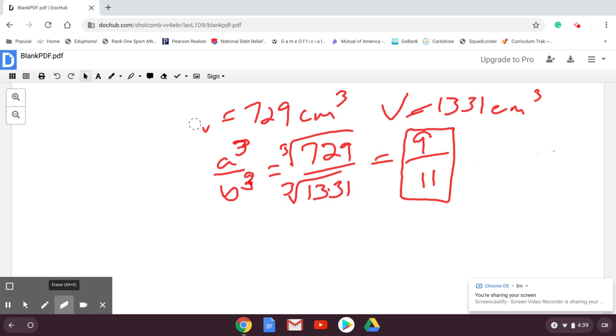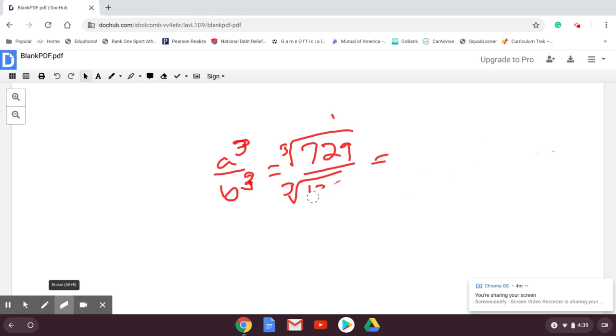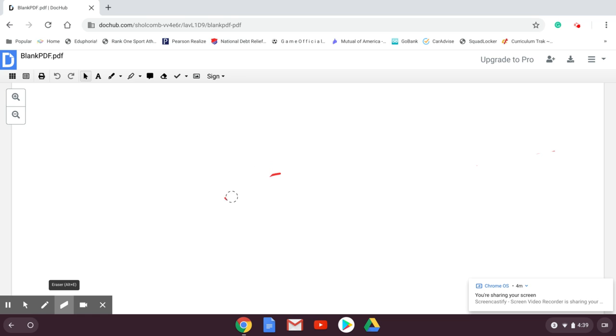All right. Let me erase this, and we'll get successively more difficult. It just depends on what you're given and what you're going into. If you're given a scale factor and you're turning it into a surface area scale factor, square both top and bottom of the scale factor. An example of this would be the 1/3 that we had previously.